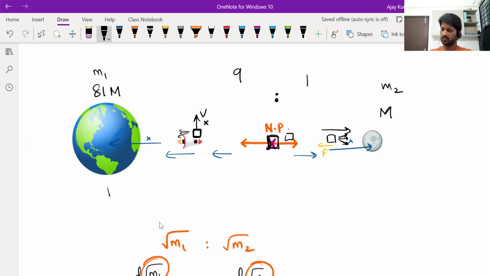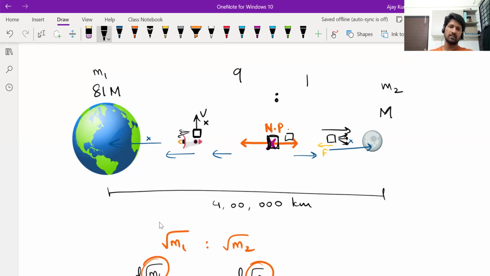Now what's the total distance between Earth and Moon? About 4 lakh kilometers. So that 4 lakh kilometers has to be split in the ratio 9 is to 1. Means 36 lakh on this side. What am I saying? 3.6 lakh on this side and 0.4 lakh on the other side.